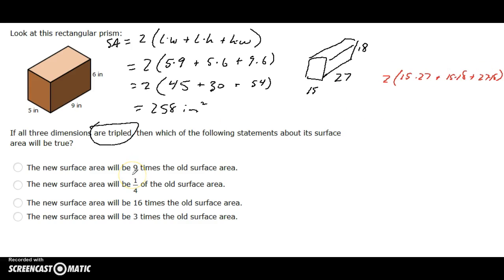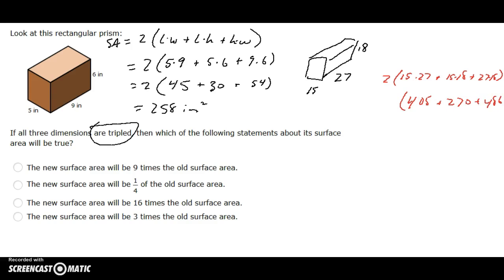So if I do my math, these are a little bit bigger numbers. 15 times 27, I get 405. 15 times 18 equals 270. And then 27 times 18 is 486.